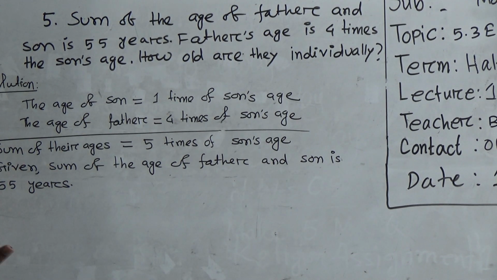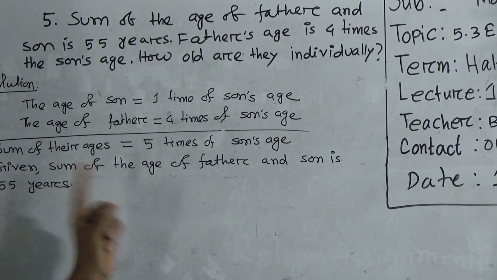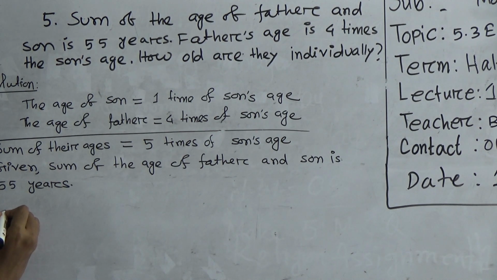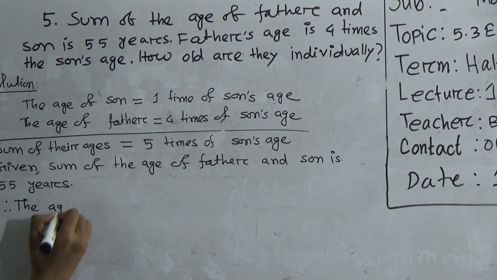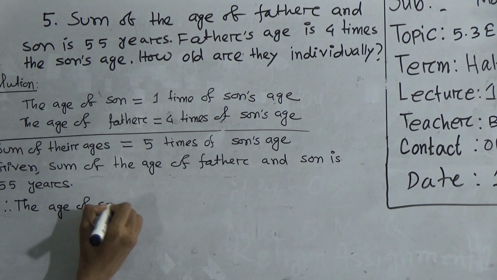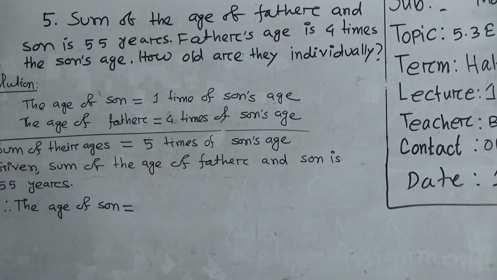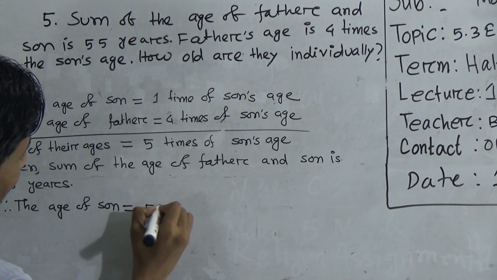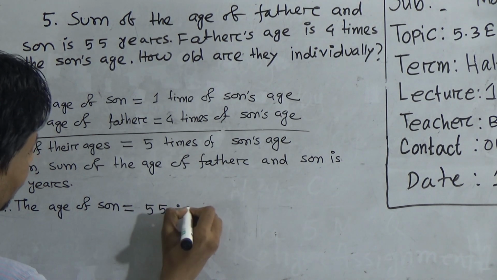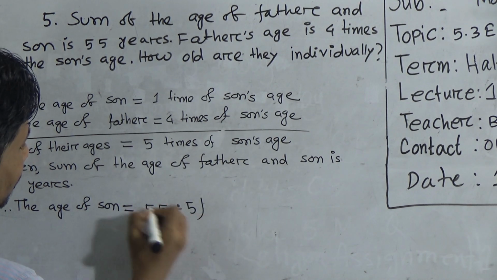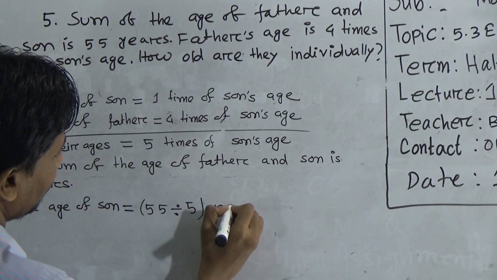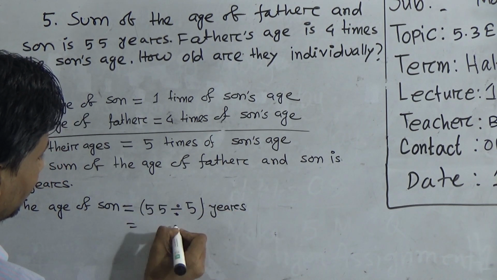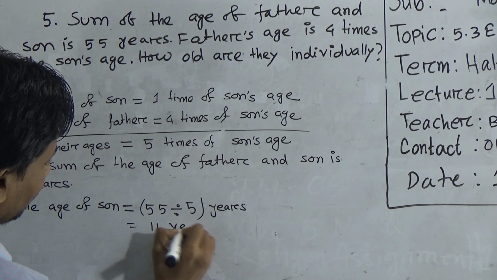This term and this term are equivalent. Okay, that means the sum of the ages of father and son is 55 years and the sum of their ages are equivalent. Therefore, we can write, therefore, the age of son equal to what? 55 division 5 years. That means 11 years.